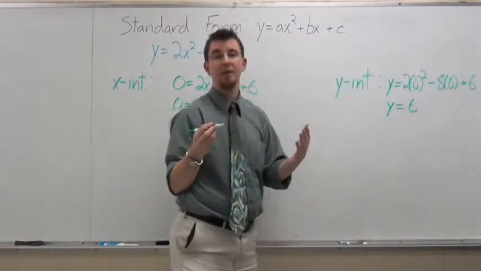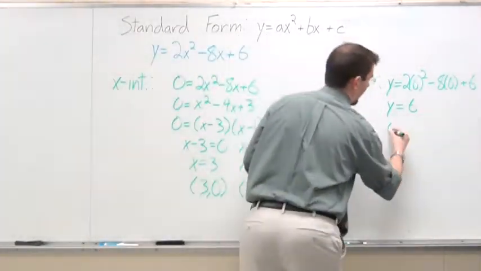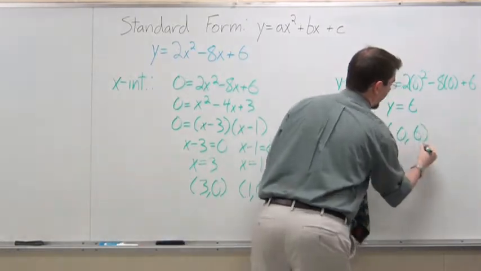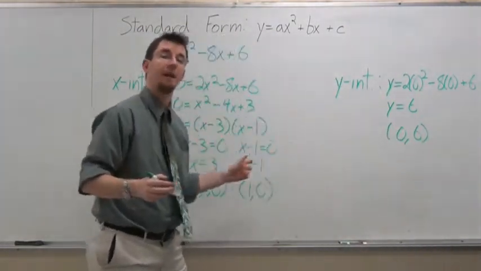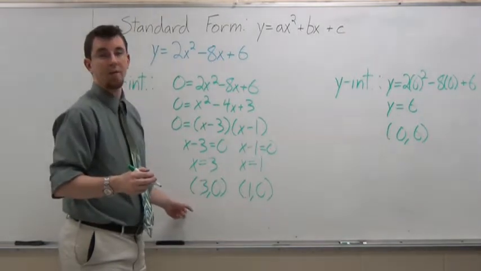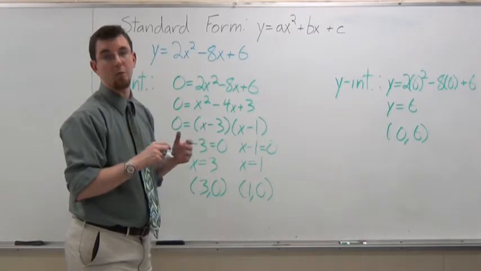So I get y equals 6 is that value. Now I do need to write it as a coordinate, 0, 6. And again, I'm only going to have one y-intercept, whereas I can have more than one x-intercept. But in this case, I always can only have one y-intercept.